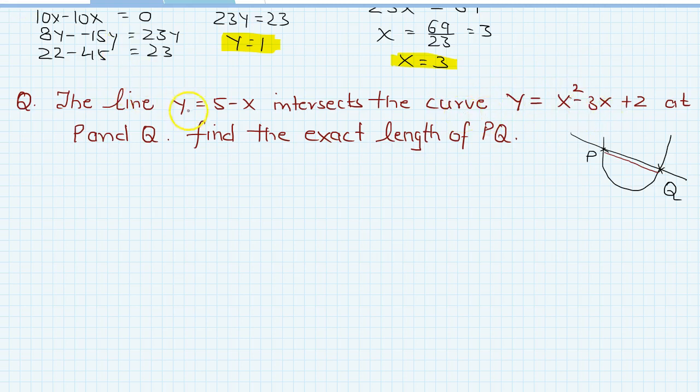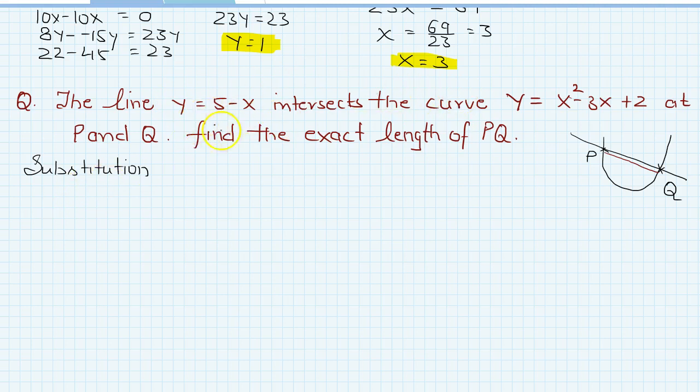Now here you can see that y is equal to 5 minus x and y is equal to x square minus 3x plus 2. So it is easy. We use the method of substitution, because we can easily put the value of y here.